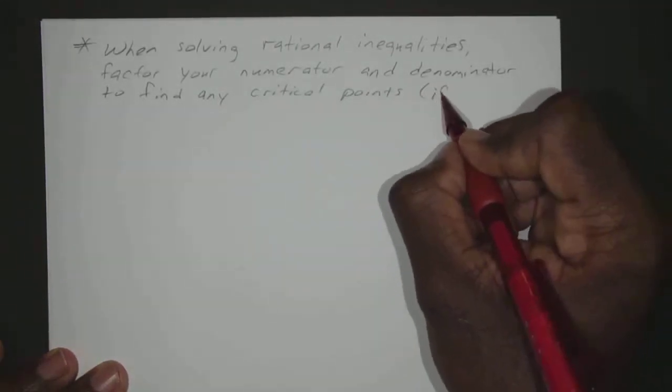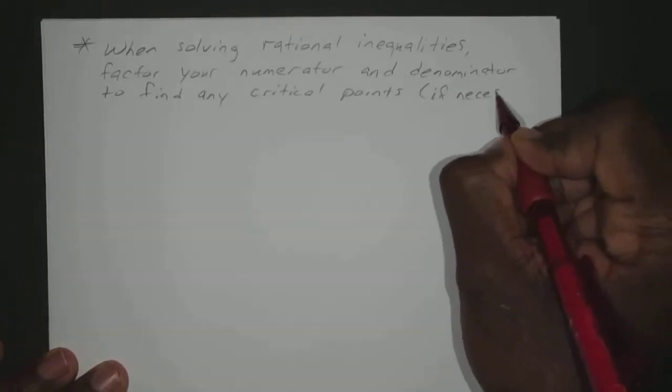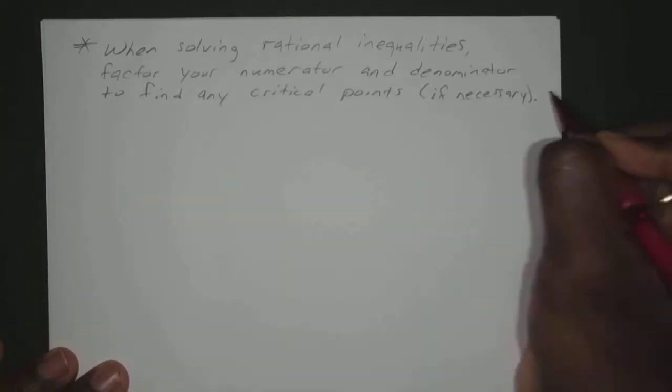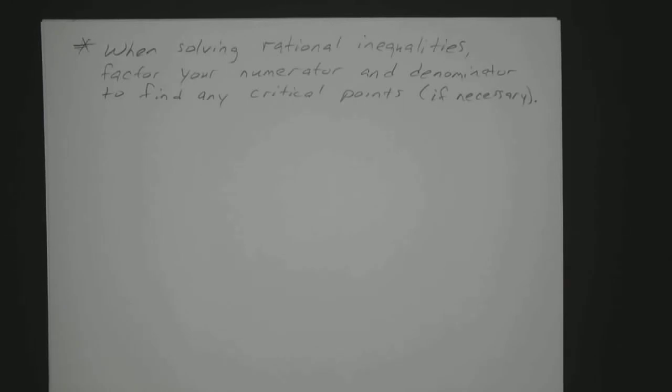And that's only if it's necessary. Sometimes you don't have to do that. I mean, you still use them as your critical points, you just don't have to factor them. Sometimes they'll come already factored.